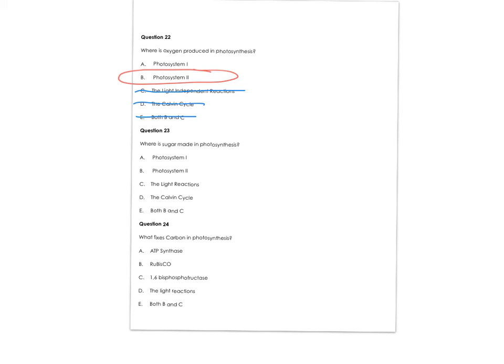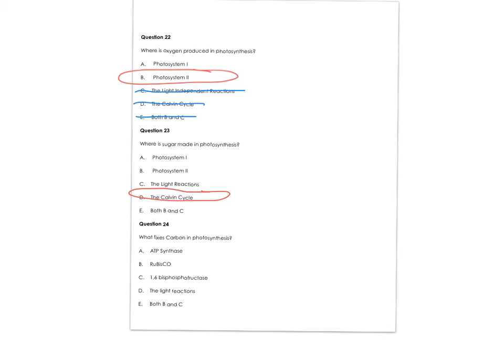23. Where is sugar made in photosynthesis? In the Calvin cycle. I just said it, right? I just explained it, and you need to know it.